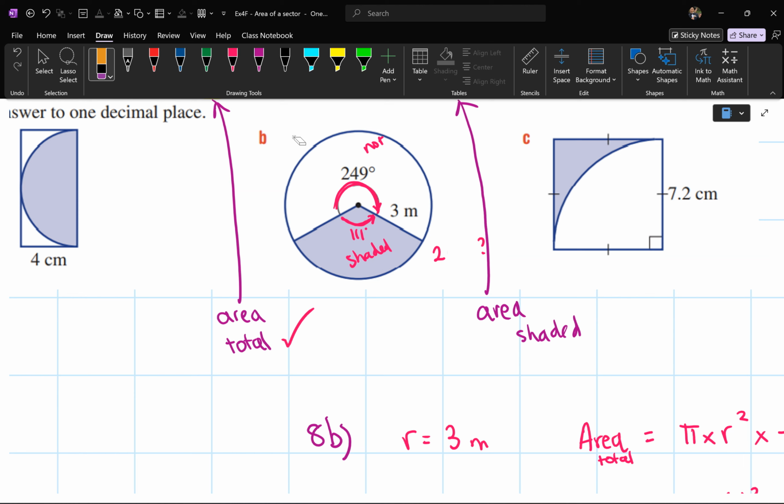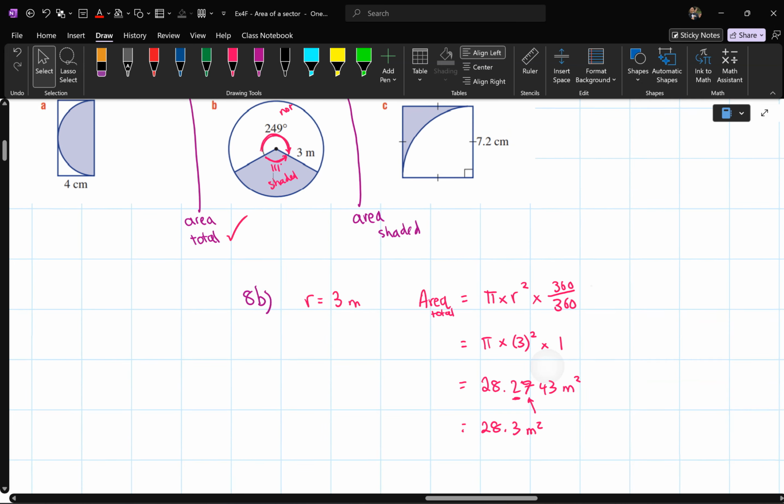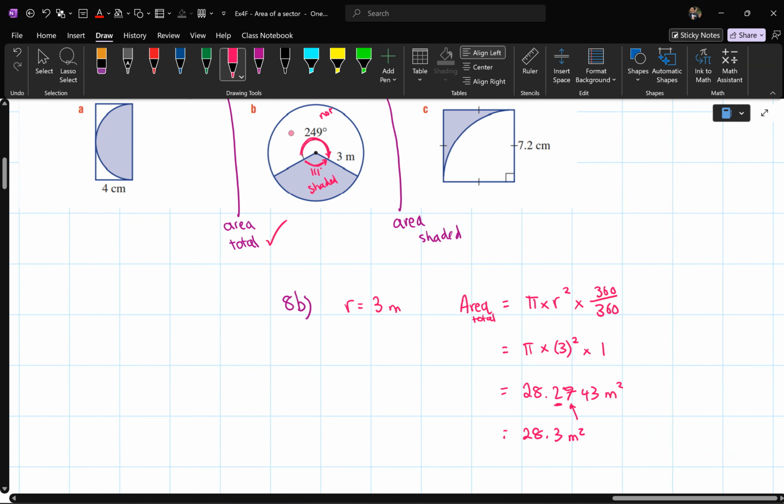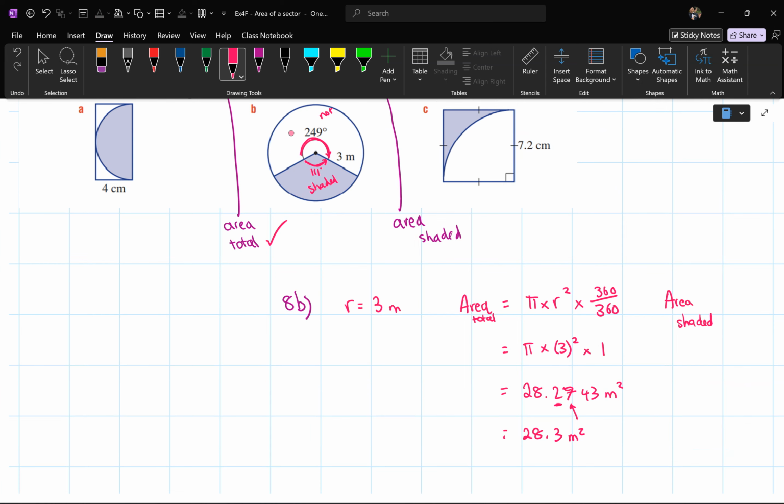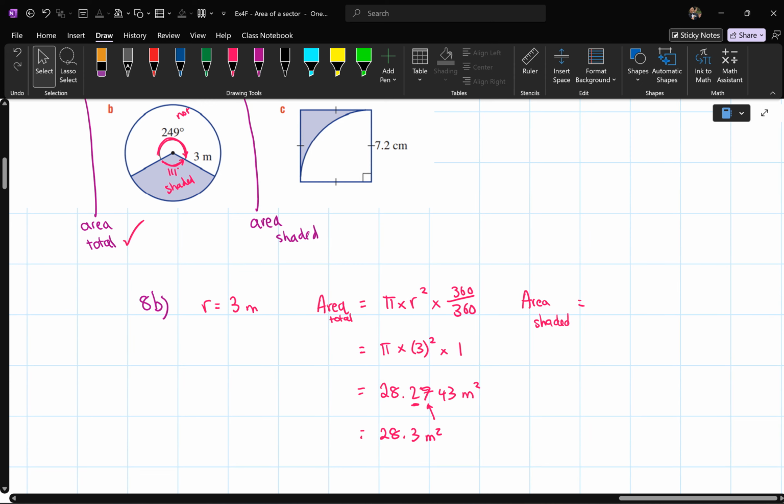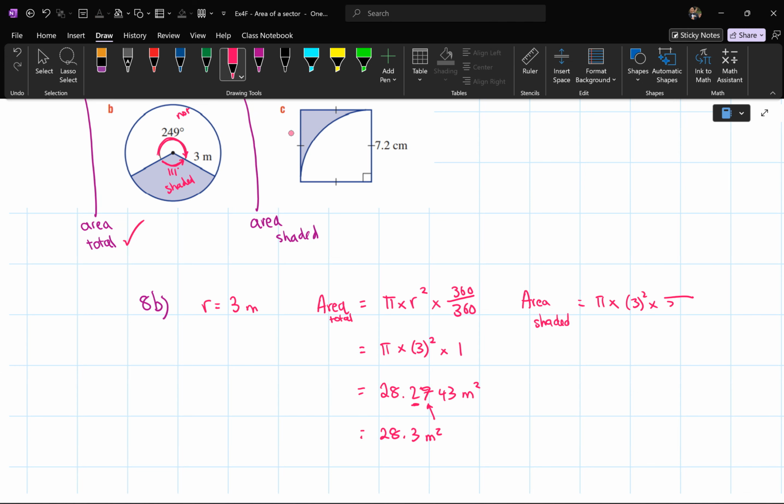So now that we know the shaded region is 111 degrees, now we can work out the area for the shaded region. So here we go. Area again for the shaded region is equal to pi times the radius, which is still the same, so it's still 3 squared, times, now out of 360, I don't want all of the region, I only want 111 degrees of the 360 degrees.